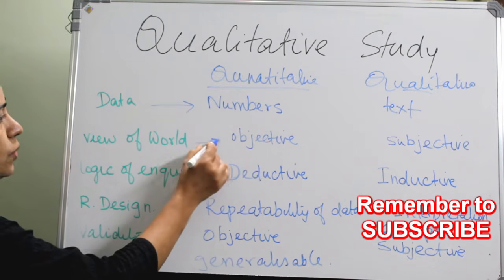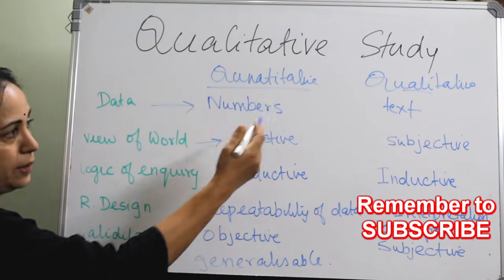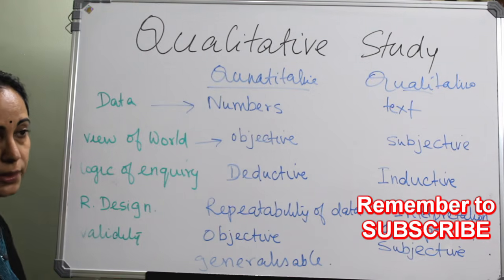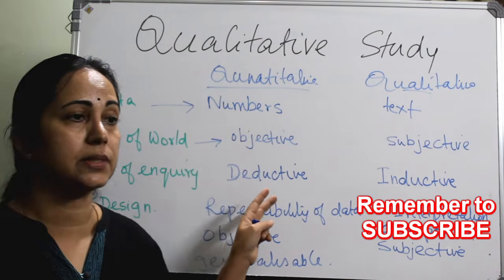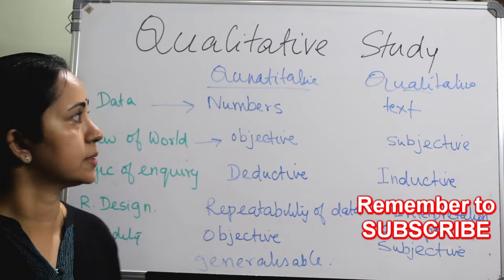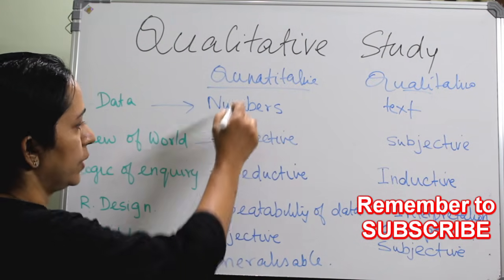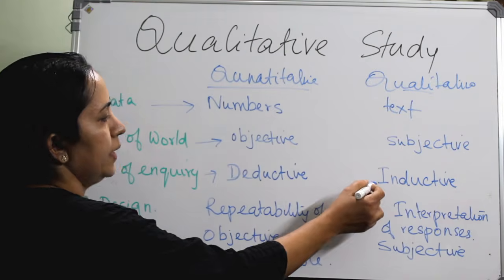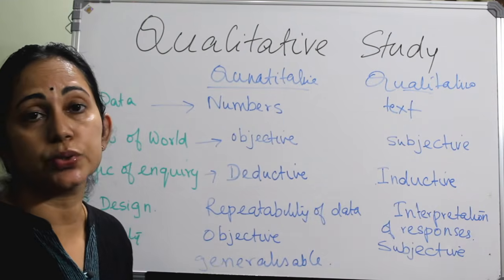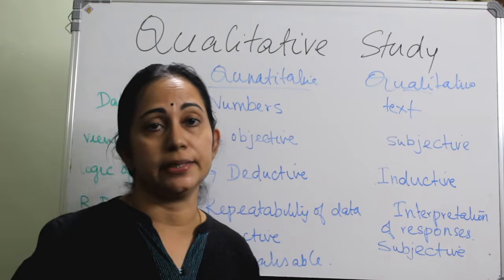And it is always objective in quantitative, but subjective to the individual or the participant in qualitative. Logic of inquiry is deductive, meaning testing of hypothesis in the case of a quantitative study. But inductive is understanding the social process derived from the data.